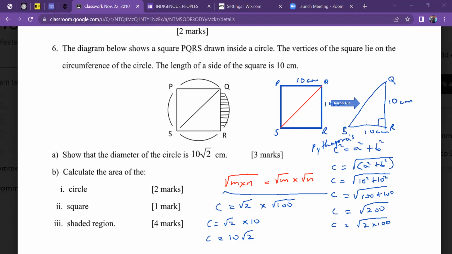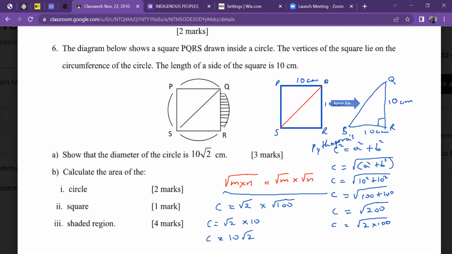Yes, right, but you have to be careful with the formula. You would still get the same answer when you find the square root of 200.